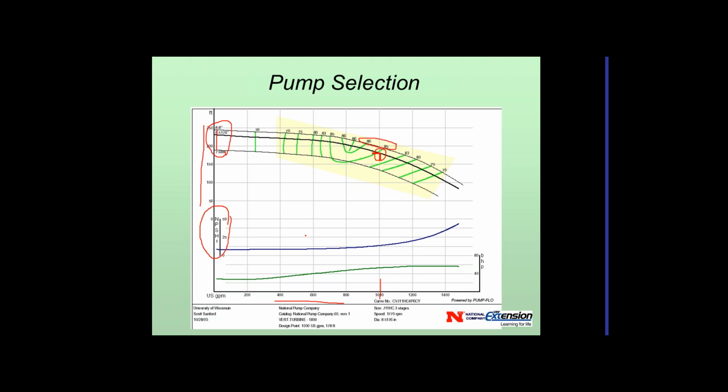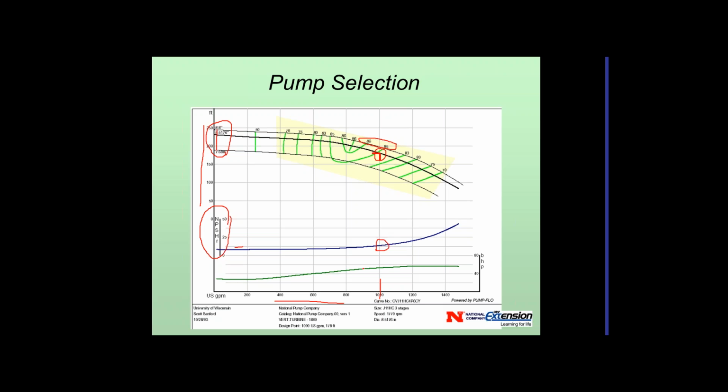Previously I said we have to have a certain amount of feet of head for the pump to work. So here's where it's going to be. I've got 0 and 25, so this is 12.5. So this is maybe 13 feet of head here to run that.